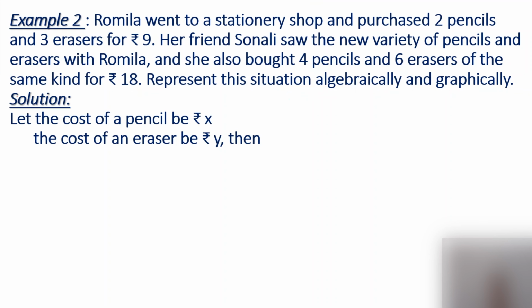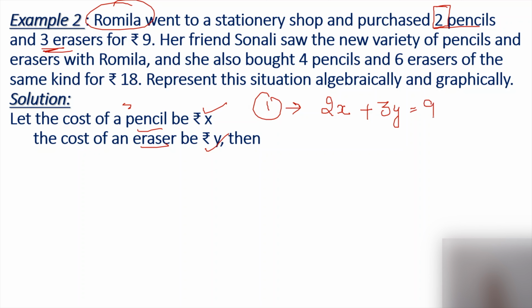Very first, let the cost of a pencil be ₹x, cost of an eraser be ₹y. If we are talking about the first condition, condition number 1, Romila purchased 2 pencils. It means she is to pay ₹2x, 2 into x, and 3 erasers, one eraser costs ₹y, she will be paying 3 into y for erasers, and the total cost she paid is ₹9.